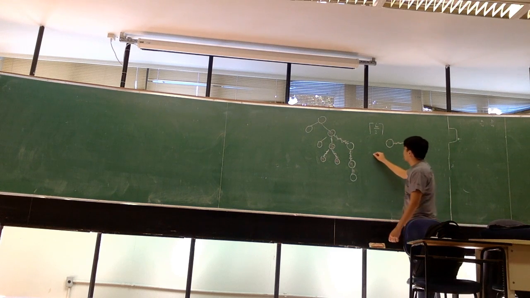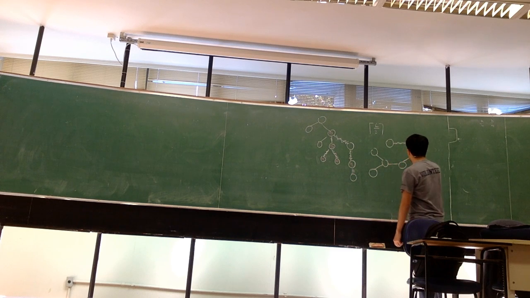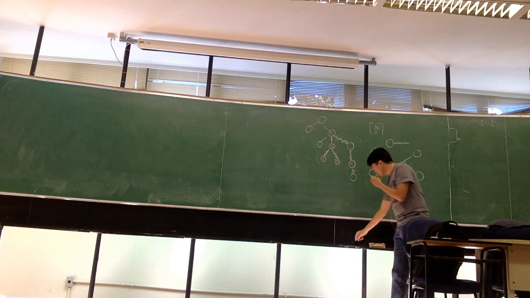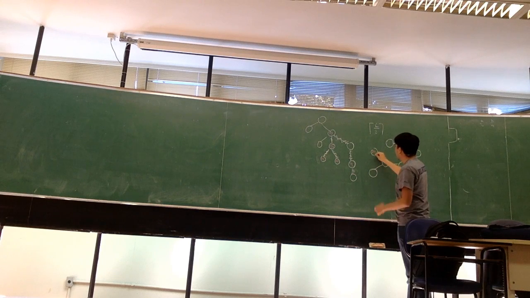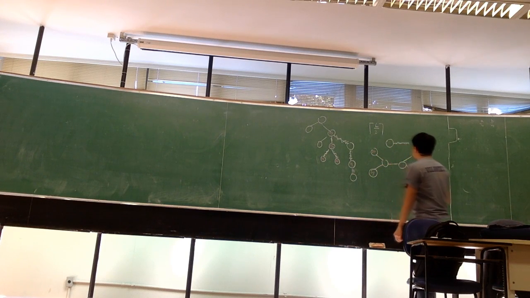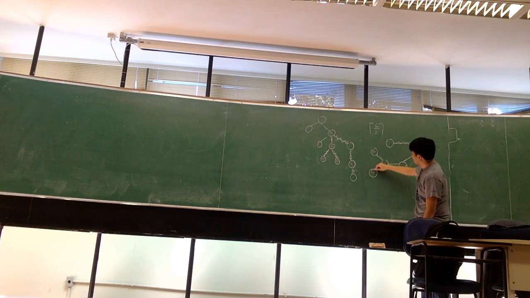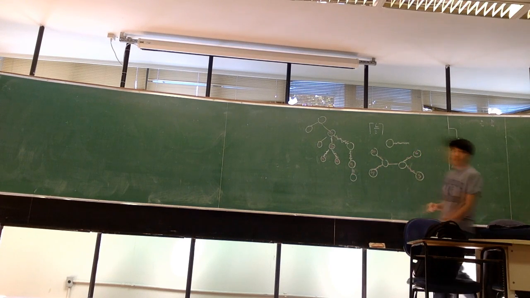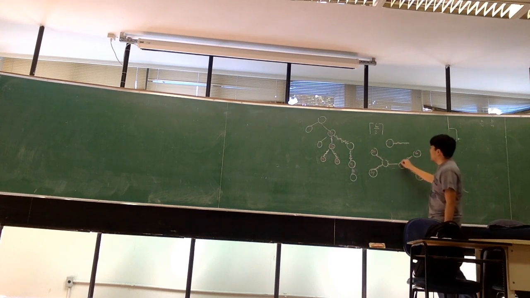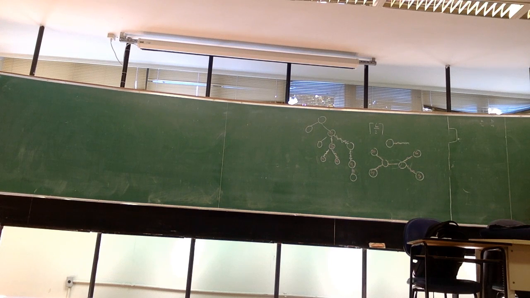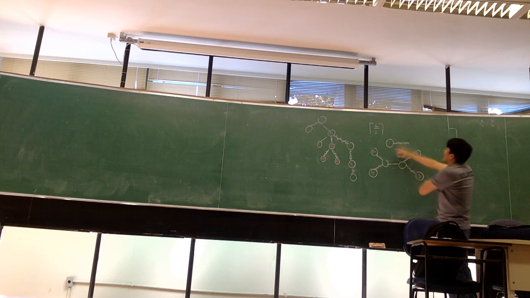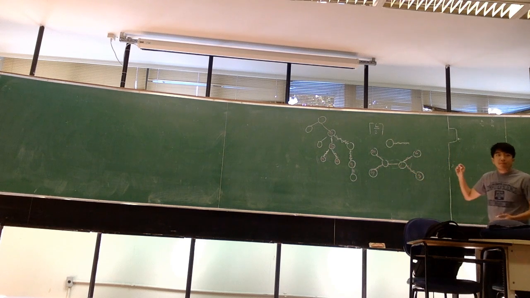For example, if my subtree looks like this, and these are the vertices you're interested in, you could end up choosing these paths. They cover every leaf edge, but this edge remains uncovered. So what we can do is modify this path a little bit so that it also covers this edge.